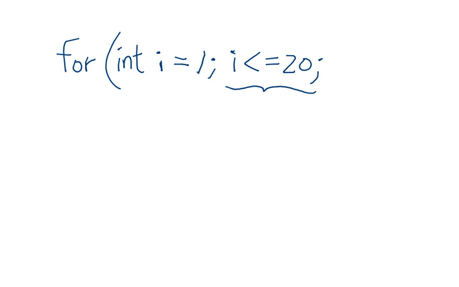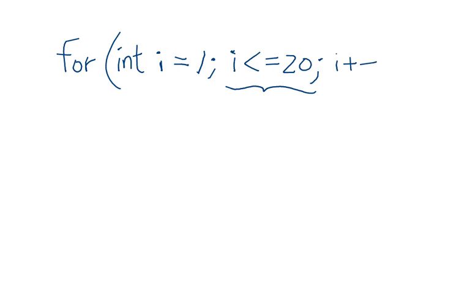Maybe you go by threes: 1, 4, 7, 10, and so on and so forth. So there are a bunch of different possibilities here. Usually we're going to count by ones, so let's go and do that. The shortcut for writing that is I++.